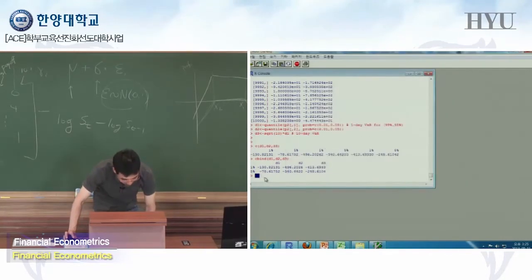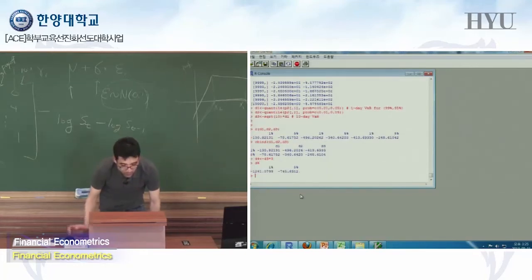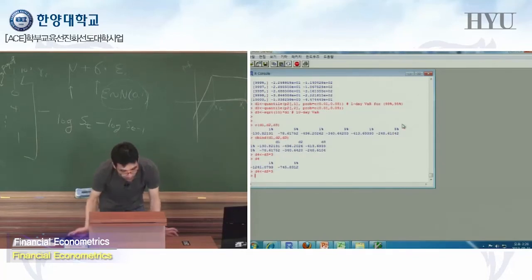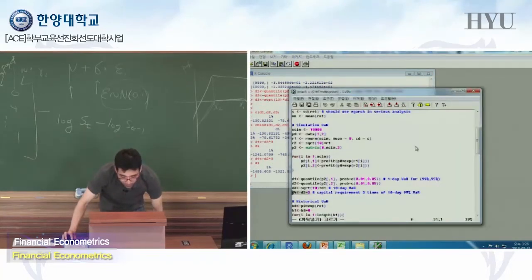If we use D3, the capital requirement is 1241 and 745. And if we use D2, then the capital requirement is 1488 and 1028. 1488.